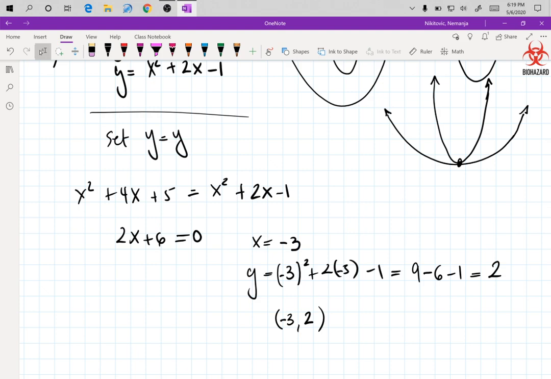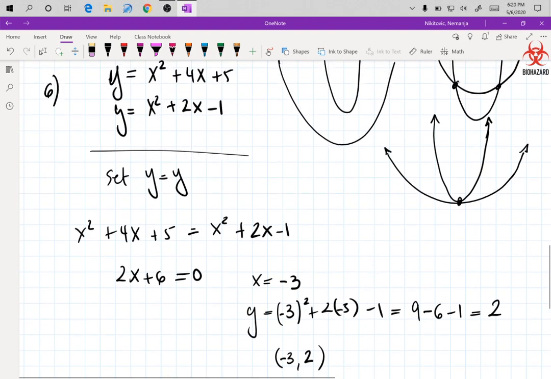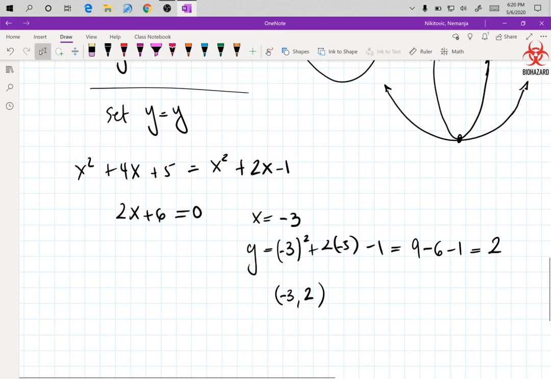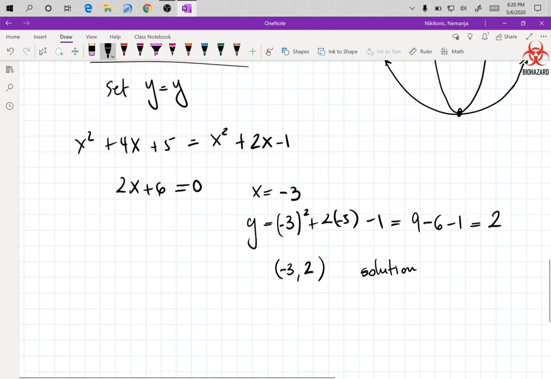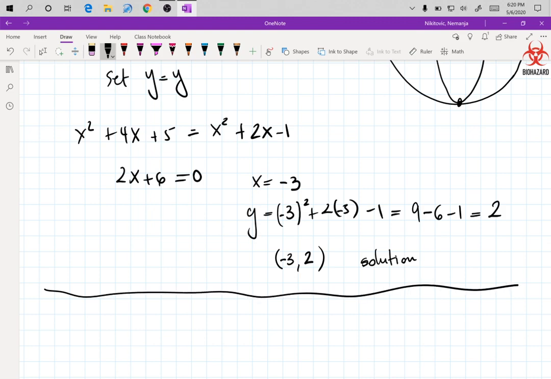And when you subtract and divide 6 by 2, you get x is negative 3. Then you plug that negative 3 into any of the equations to come up with a y value, which was 2. And there's your solution. Problem solved.